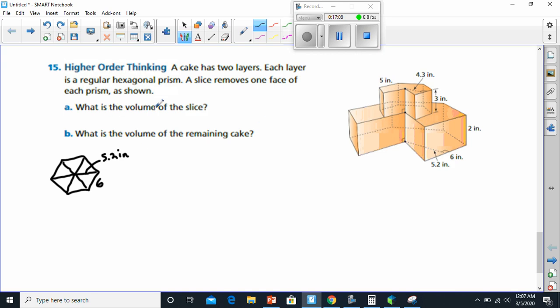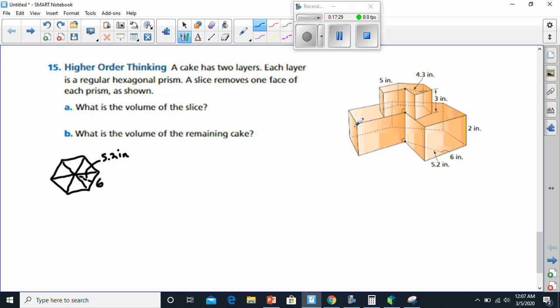It's asking, what is the volume of the slice first? So let's solve that one. The volume of the slice is going to be one of these triangles. I take that back, this is going to actually be the dot going down the center here.